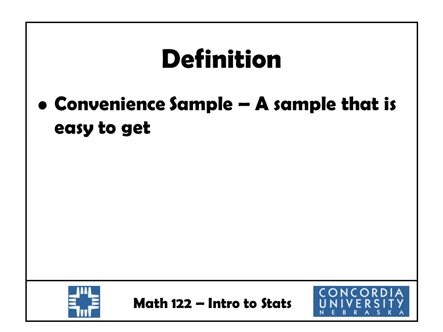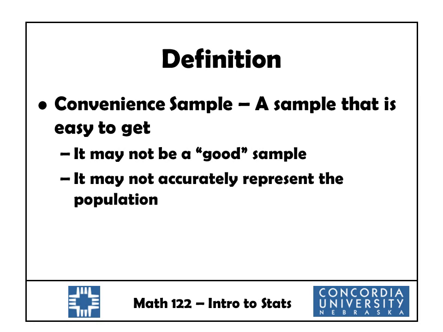Now, this sample that we took of 30 students from a statistics class is an example of what we call a convenience sample, and that's simply a sample that is easy to get. This is statistics class. I got these people around me, and it was very easy to get.